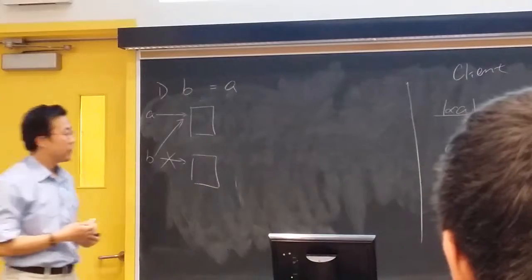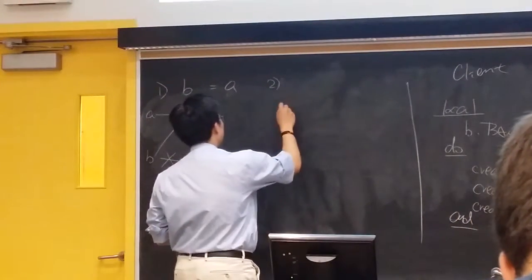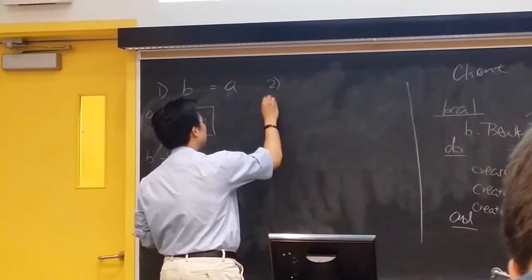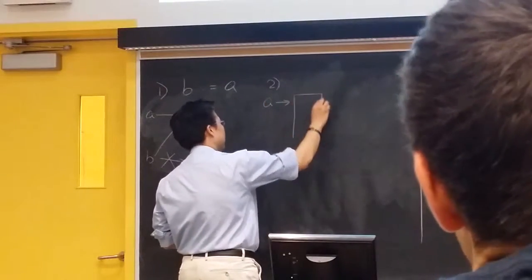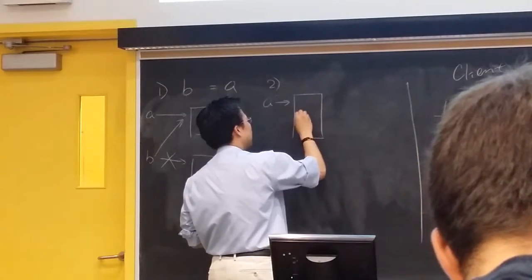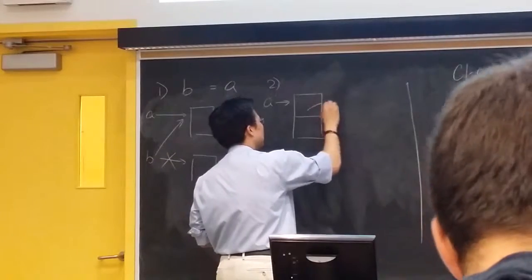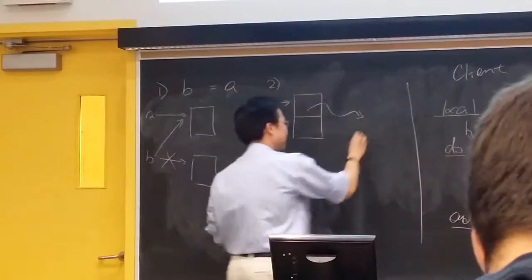That's very straightforward. Okay? The second one, let's say we have a slightly more complicated data structure. Let's say A refers to this object here. Let's say somehow we have two fields. This can refer to another object, right?